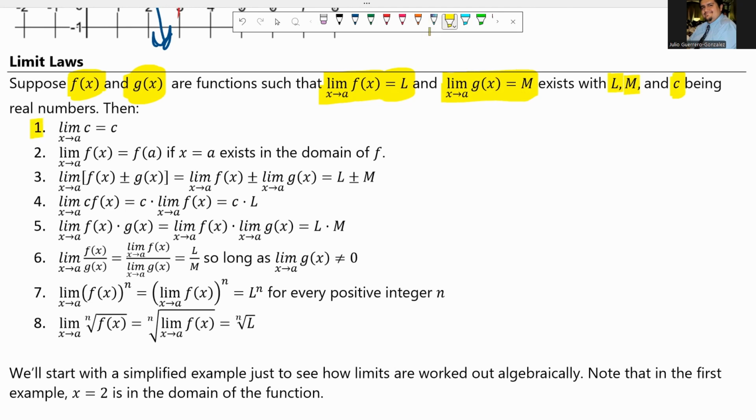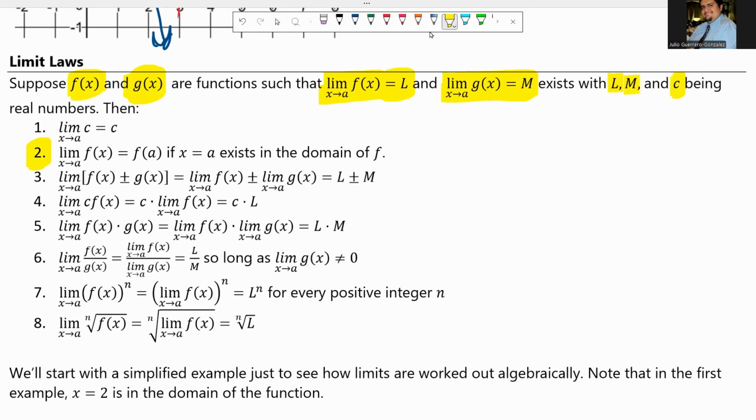The first one, the limit of a constant number is the constant number itself. That one's simple enough. The limit as x approaches a of f of x is equal to f of a if x equal a is in the domain of f. So if there's no problem with me just plugging in a to my function f, then I can do so.